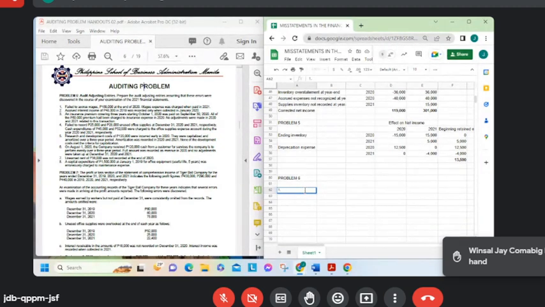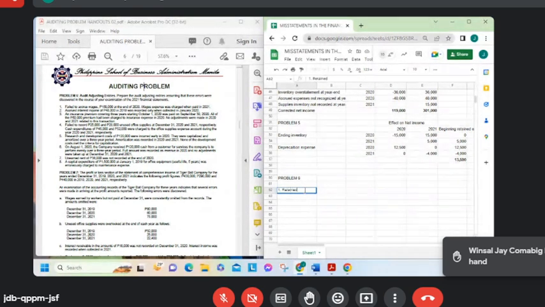Okay, so for this one, wages expenses. The wages expense in 2021 is overstated as a result of the charging of the wages pertaining to 2020. So it means 2020 retained earnings is understated. Expenses is understated in 2020, resulting in overstated net income.